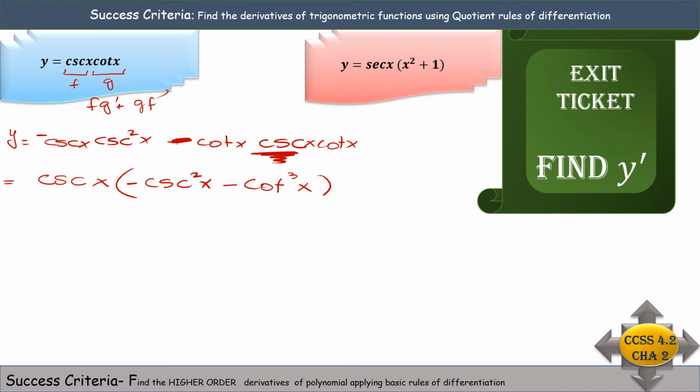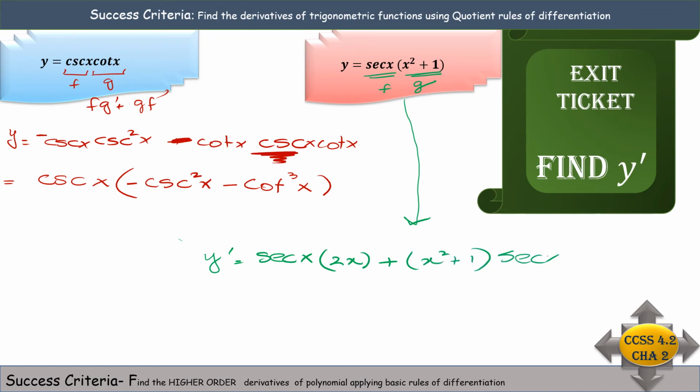answer. Now here in the second question, you can see again I have f and here is my g. So I will use my product rule. I will write here sec x as it is. Derivative of g is 2x plus g as it is, and derivative of sec x is sec x tan x.